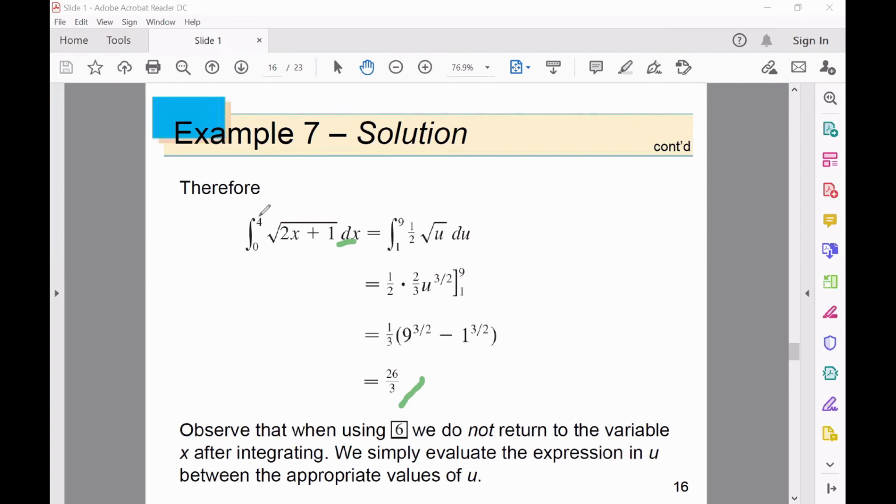Why? Because we converted the whole expression into u, including its bounds. But when it is indefinite, we don't convert the bounds, and that's why in the last step we have to return to the old variable x. So here, guys, what happens is that we don't return to the old variable. We change everything, even the bounds: it was 0 and 4, it becomes g of 0 and g of 4. In this case it's 1 and 9, and we obtain this.